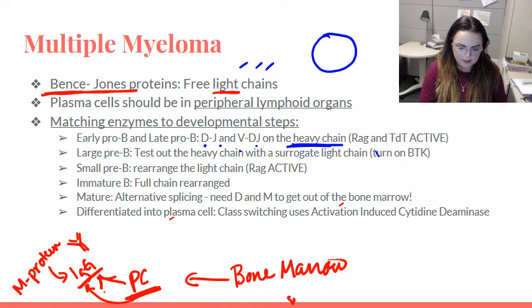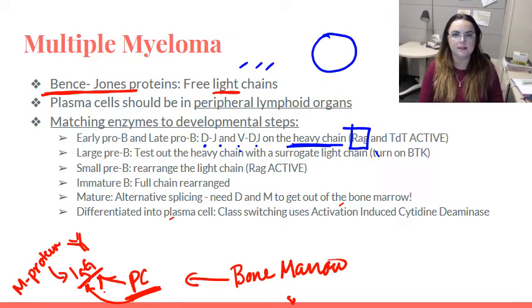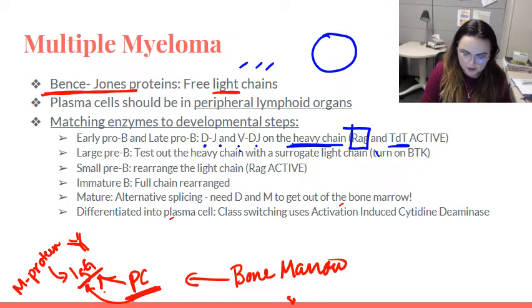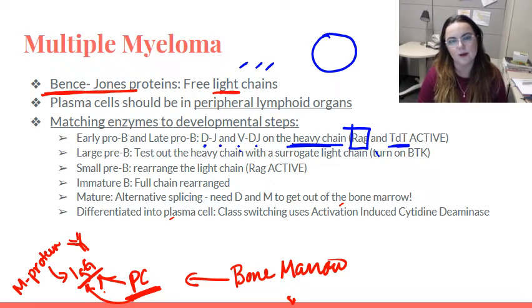During that time, in order to get D and J and V to DJ to rearrange, you need the RAG recombinase to allow the different exons to move and be placed in the correct format to form the VDJ region of the heavy chain. You also have that TdT enzyme that I talked about on the last slide that actually adds the diversity to the heavy chain, okay?